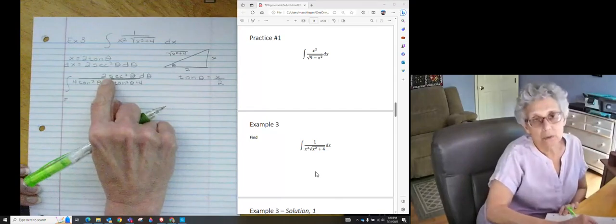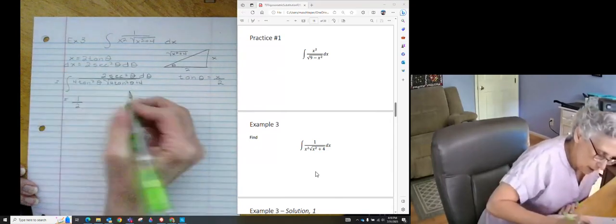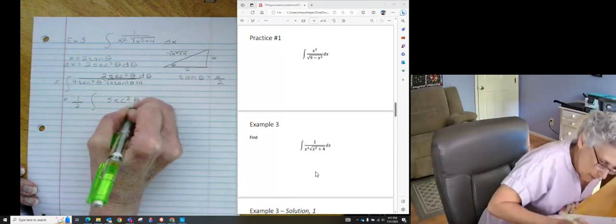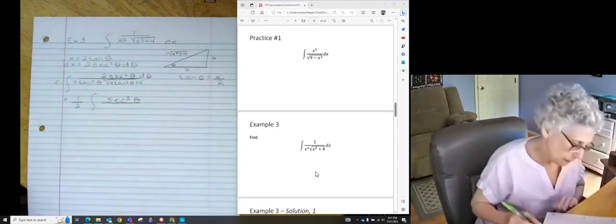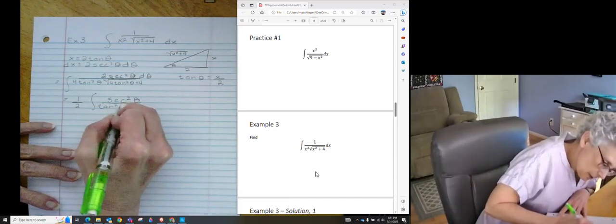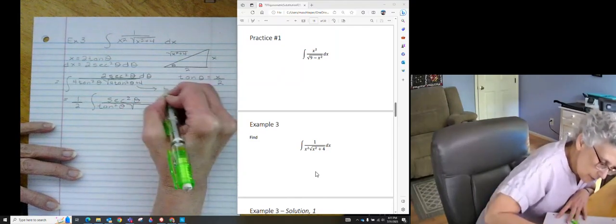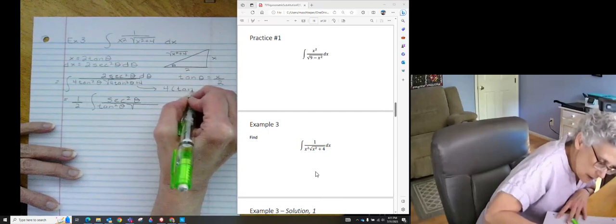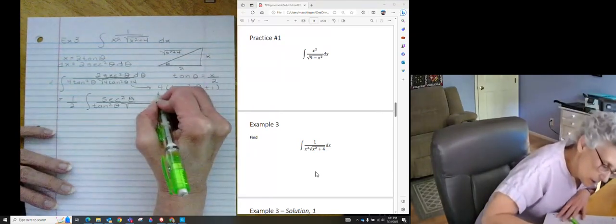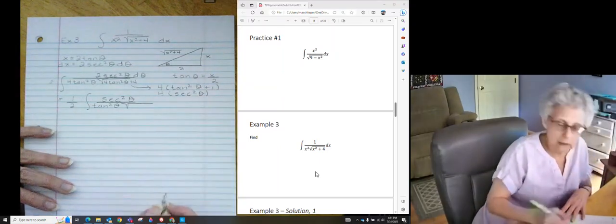Now, right now I have 2 on top and 4 on the bottom, so I'm going to go ahead and put 1/2 out front. I have secant squared of theta living on top. I have tangent squared of theta living down below, and then this is 4 times tangent squared of theta plus 1, which is the same thing as 4 times secant squared of theta.